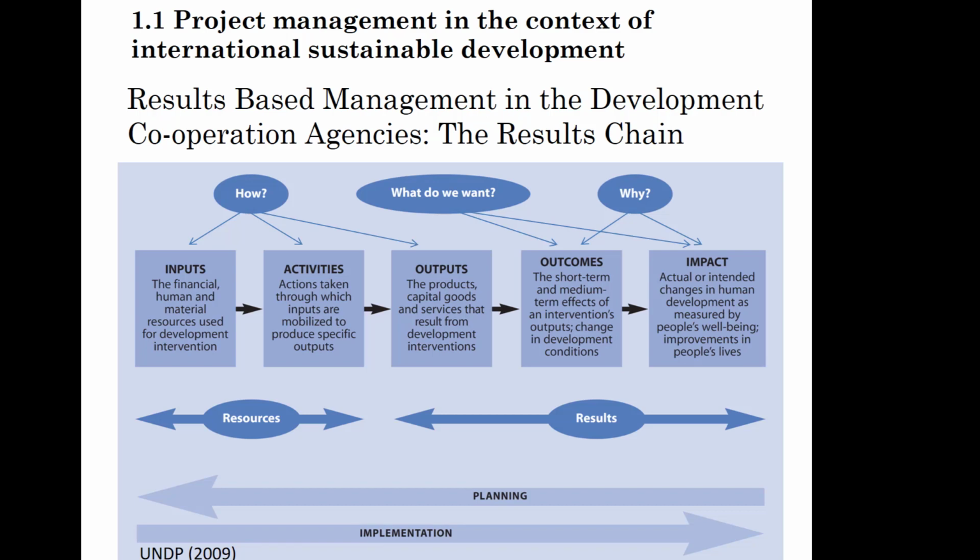Only after the results are clear should a project be concerned with which activities should be planned and which inputs we are going to need for implementing these activities and ultimately producing our products, our outputs. So first was the planning, and only afterwards was the implementation. First were the results, and only afterwards should we turn our attention to planning the resources needed.